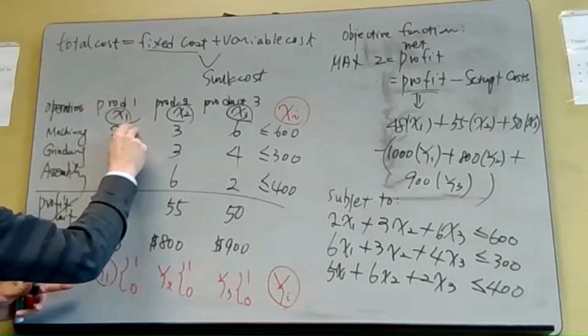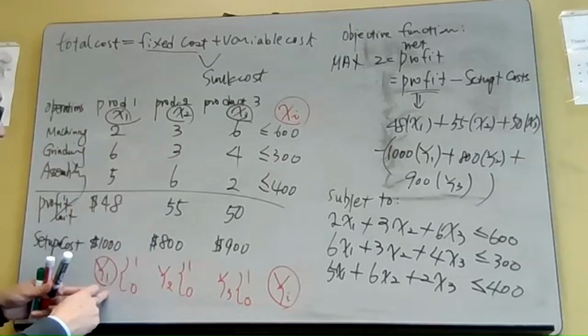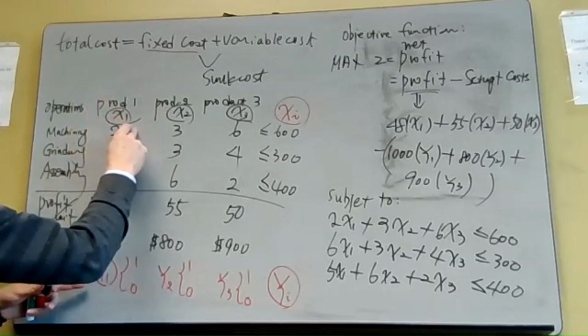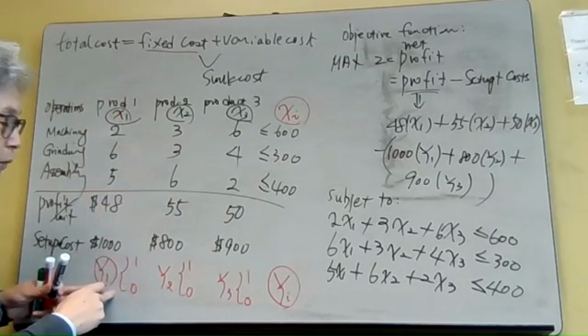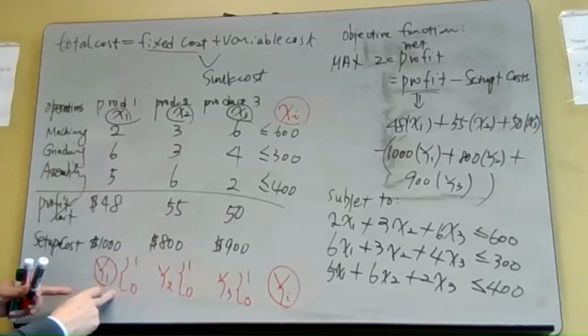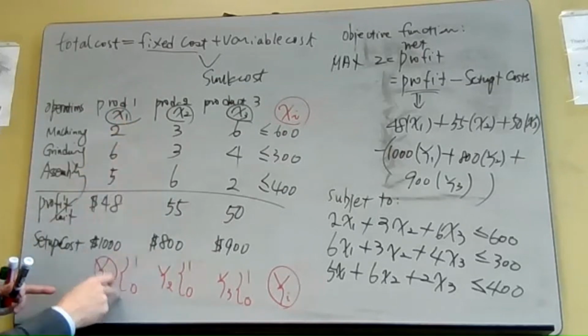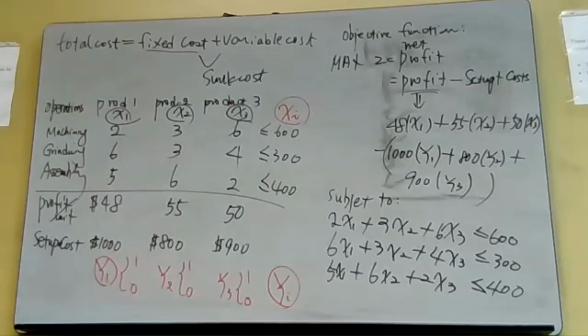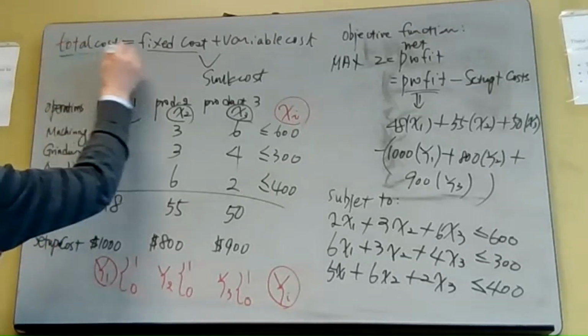So if you don't produce, this line should be closed. If you produce any number of x1, that should be open. These two numbers are linked. So these are the linking constraints.